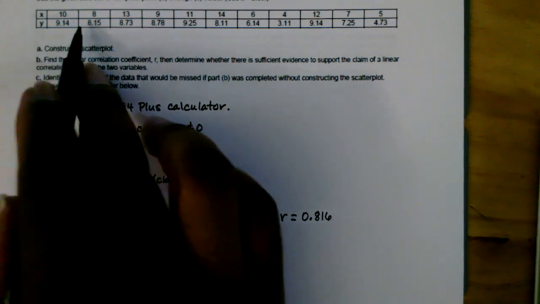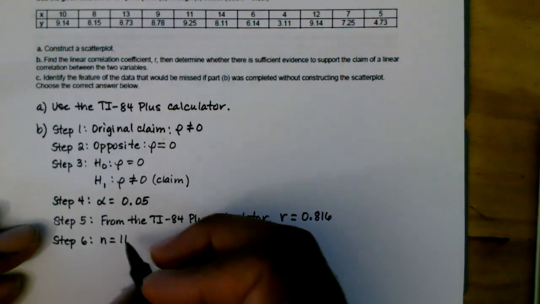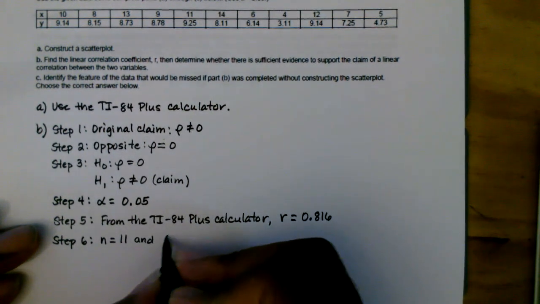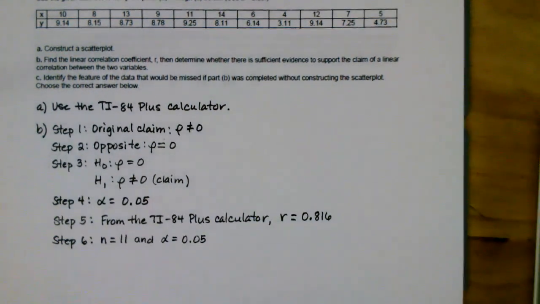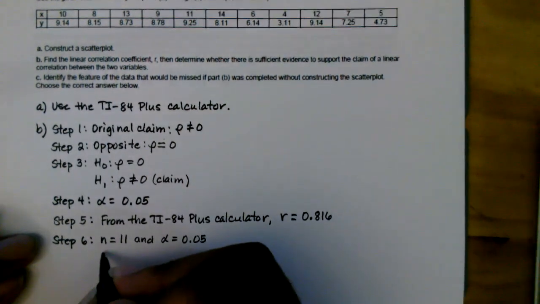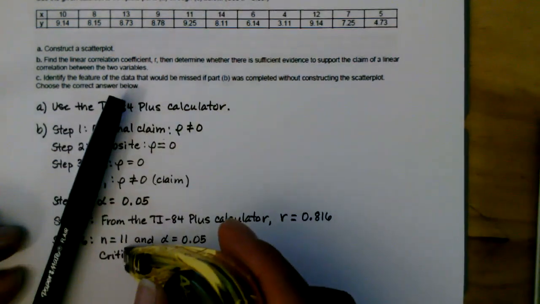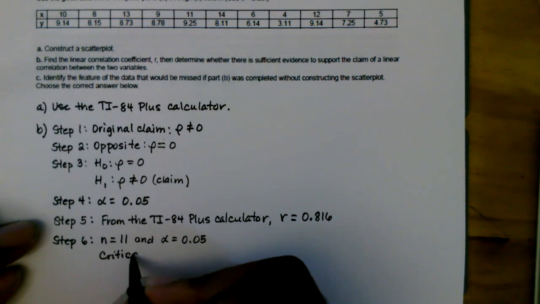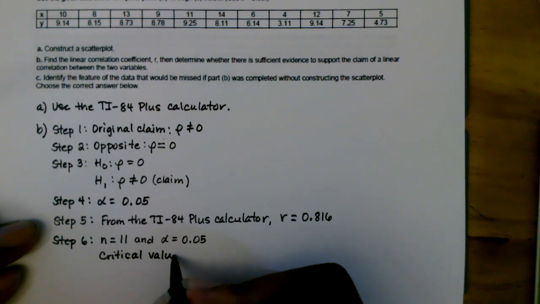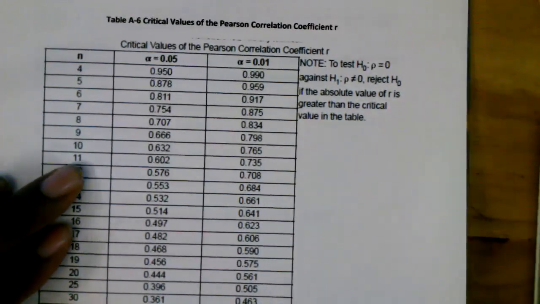N is 11. Notice I have 1, 2, 3, 4, 5, 6, 7, 8, 9, 10, 11 paired data. And the alpha level is 0.05 as indicated. So if I use table A-6 to get my critical value, the critical value from table A-6, which is this right here, I have 11 paired data.